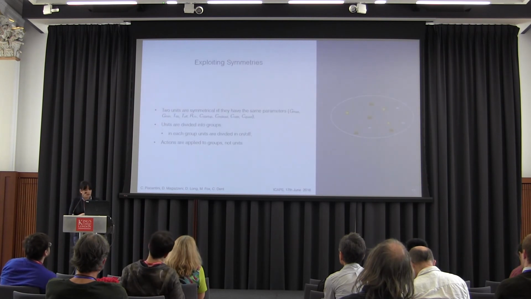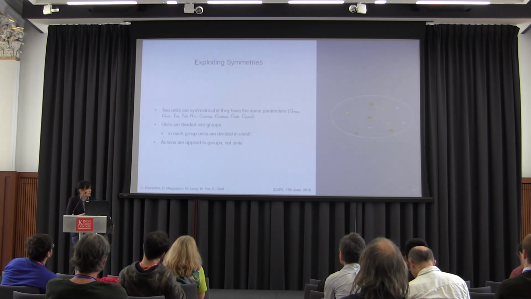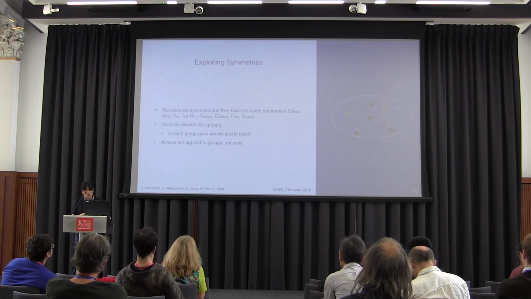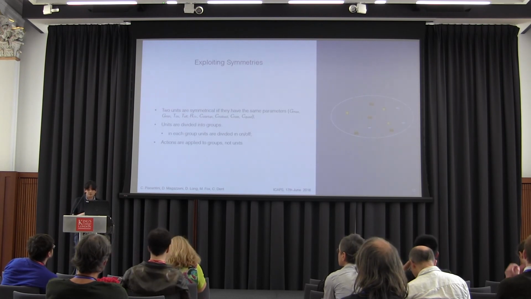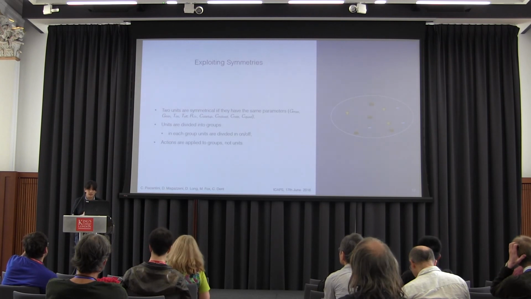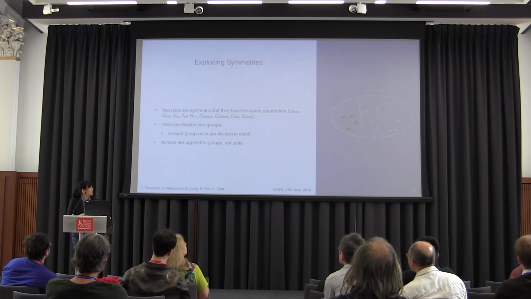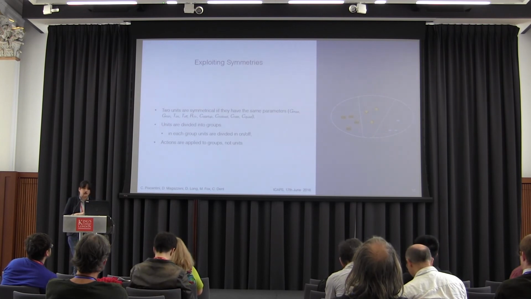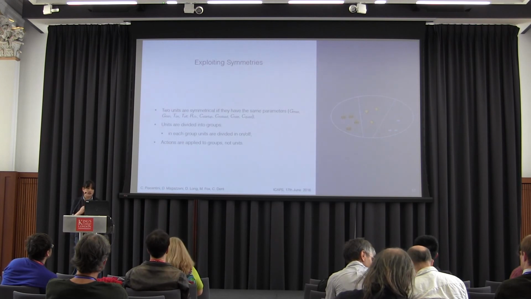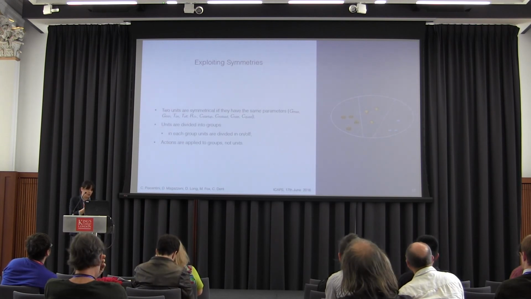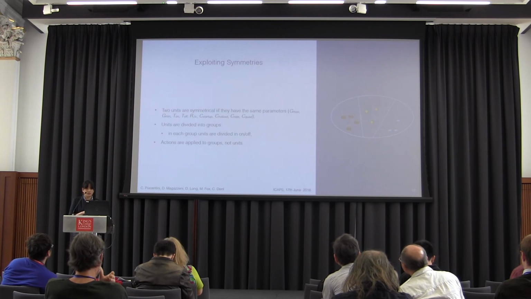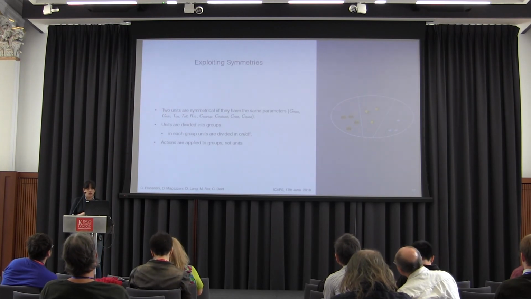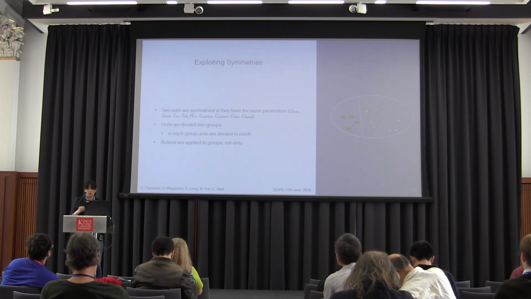The other thing that we did is to exploit some symmetry. Basically, we group together all the units that have the same characteristics, so that the actions are not applied to the single units, but to this group of units.